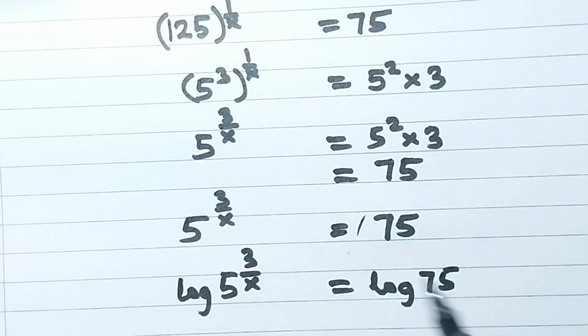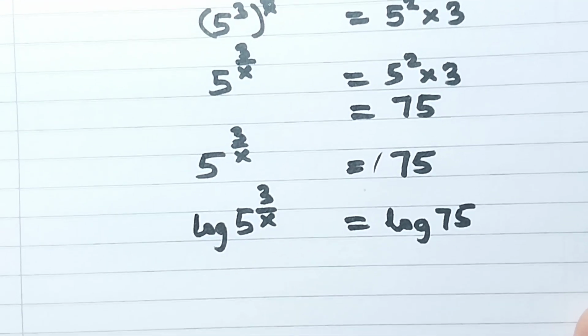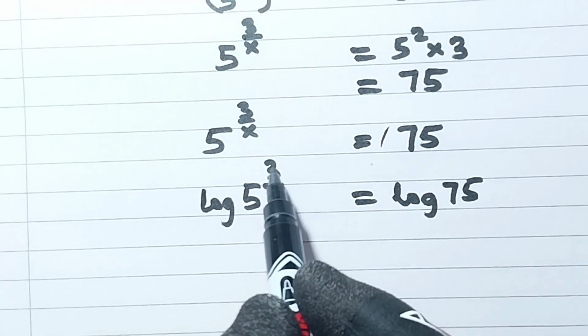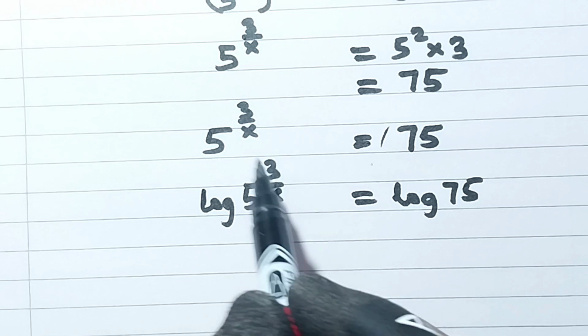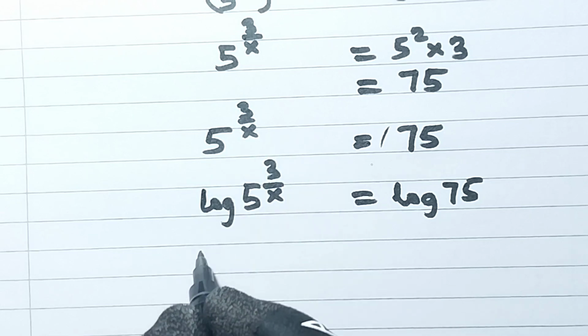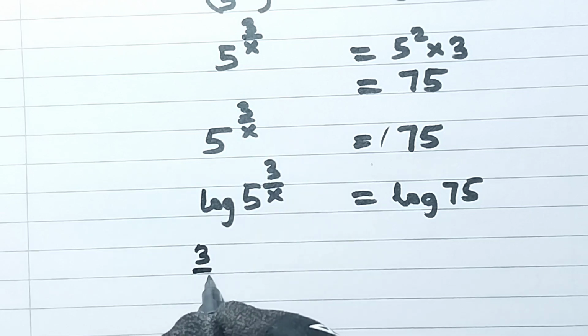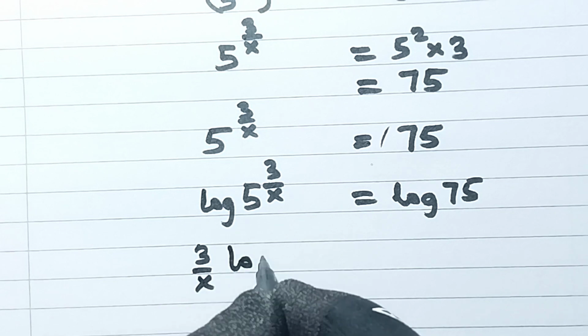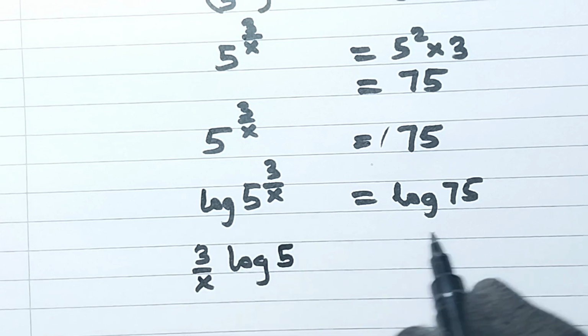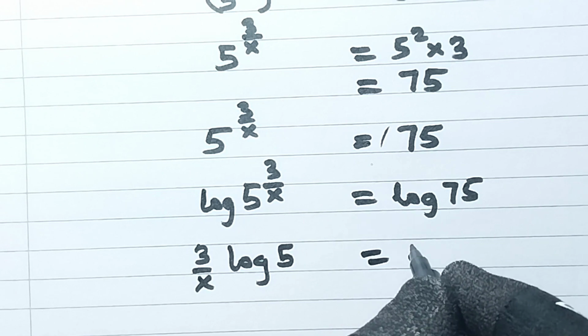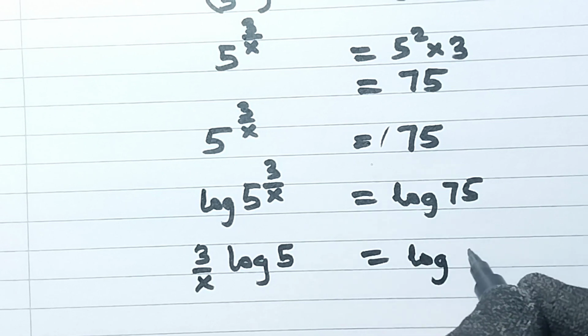Because the base is not written, it's simply base 10. Okay, so there's the law of logarithm that says we can transfer this power to the front like this. So we have 3 over x log 5 is equal to log 75.